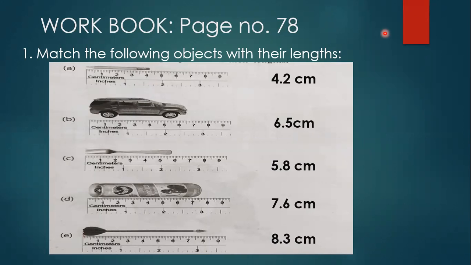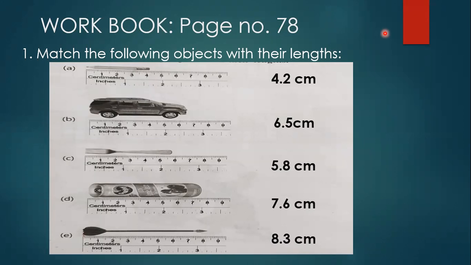It is shown after 5, so we will not consider 6. We take the first number only, 5, and it is the seventh small line. So we will take the measure as 5.7 centimeter, or we can say 5 centimeter and 7 millimeter.